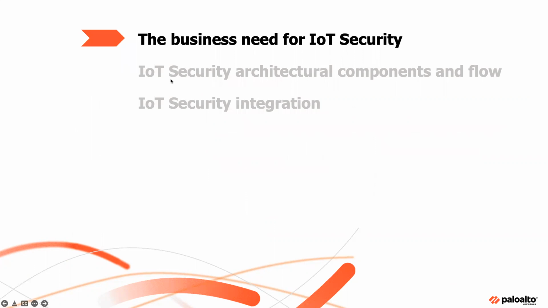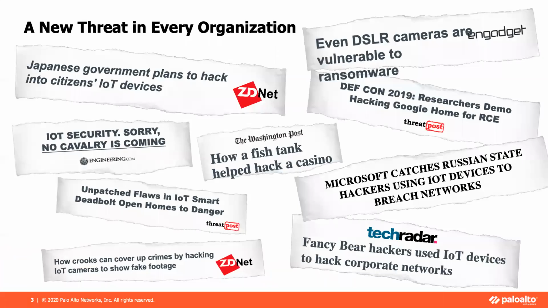So let's get into this a little bit. First of all, why do you need IoT security? Well, the Internet of Things are usually unmanaged devices that are out there. And all of the time, you can look at news articles and read the news and hear about new threats and things like that in headlines.